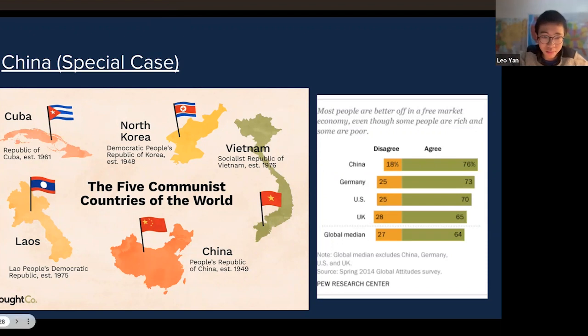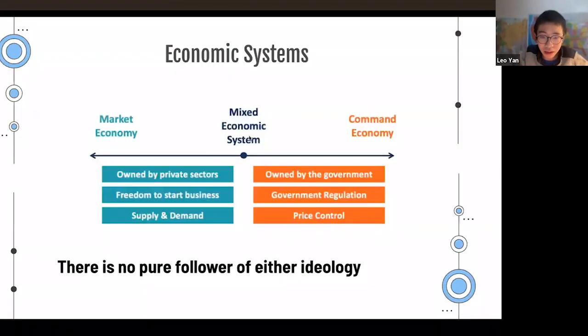So looking back at our spectrum, China will probably be somewhere here in the middle where it says mixed economic system, where they have a good mix of both market economy and command economy. They have a good mix of private business owners, and they also have the government stepping in in some cases to regulate companies.